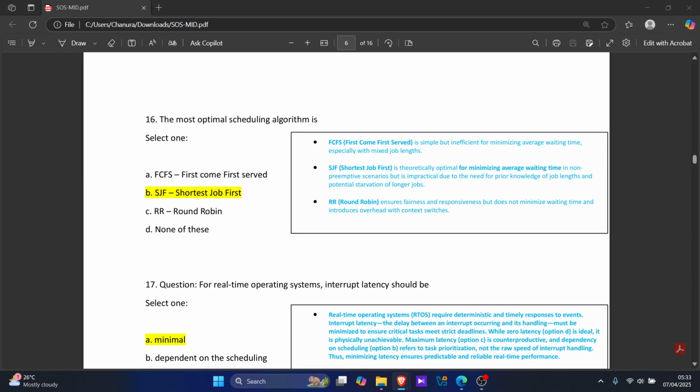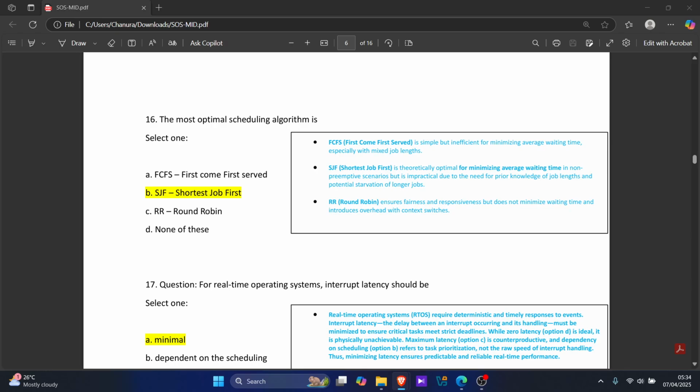But the options given are A, B, C, or D. The question is in the context of the most optimal scheduling algorithm, and the answer depends on what metric they are considering. If the metric is average waiting time in a non-preemptive environment, then SJF is optimal. However, if the metric is something else, like fairness or response time, then RR might be better.